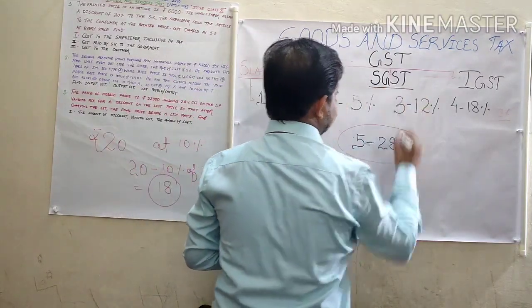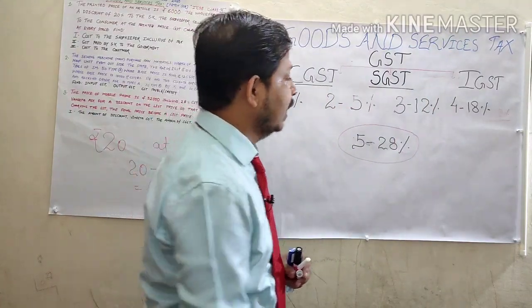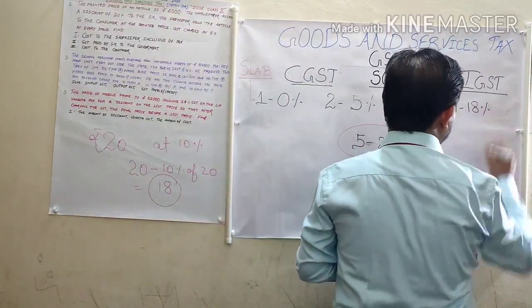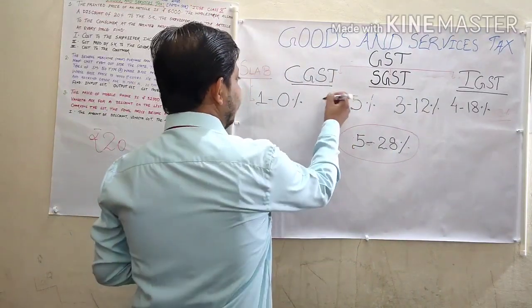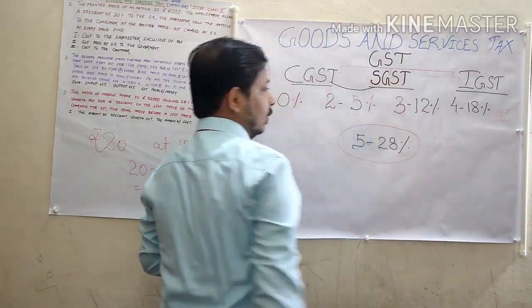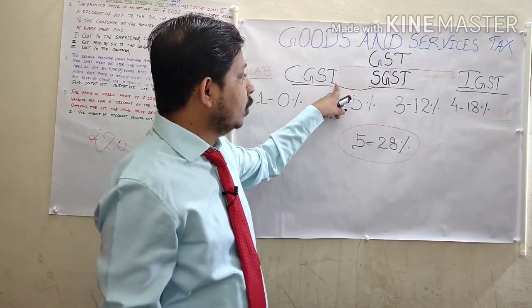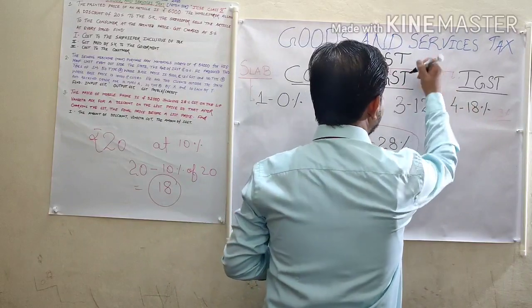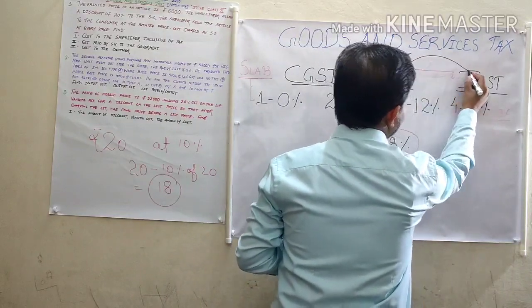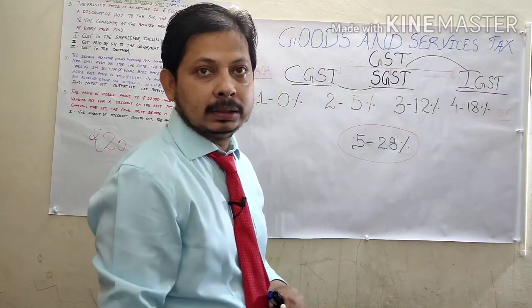This is SGST, state goods and service tax, and this is IGST, integrated goods and service tax, between two states. Generally, within the state this is local business, and when we do some business between two states, that is IGST.